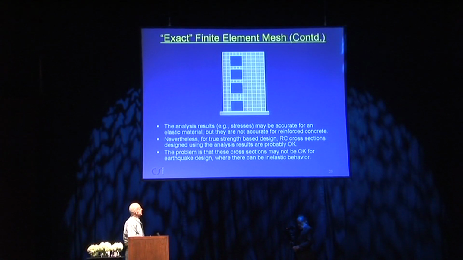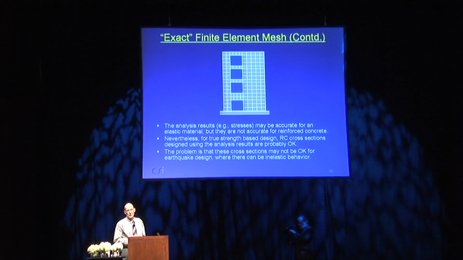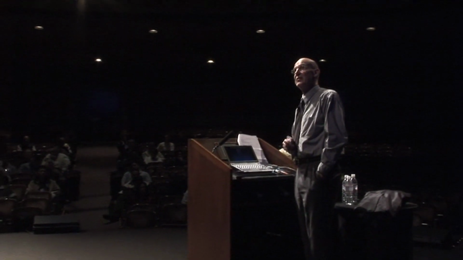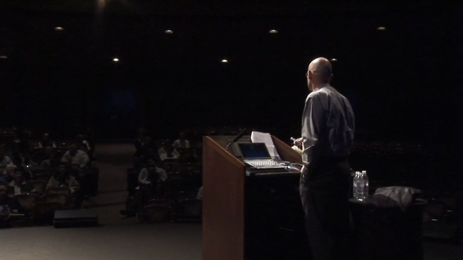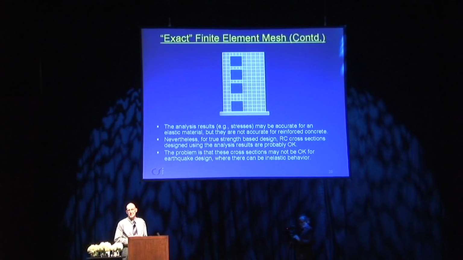The shear stresses may vary in your analysis dramatically across the width, and they may be parabolic over the width. But that's not what really happens in concrete. In any case, you're not going to design each individual element with a different amount of shear reinforcement. You're going to have some shear reinforcement and just use the average shear stress over the cross-section.